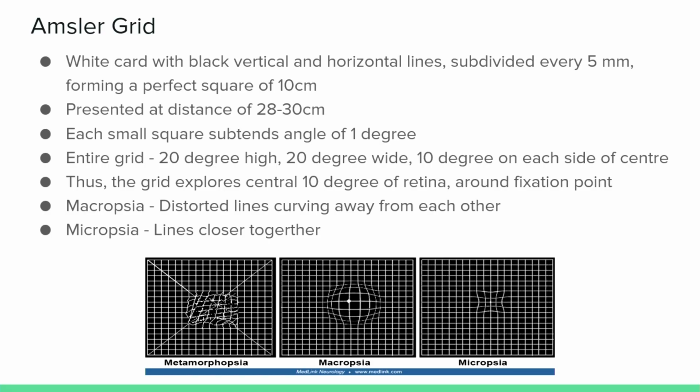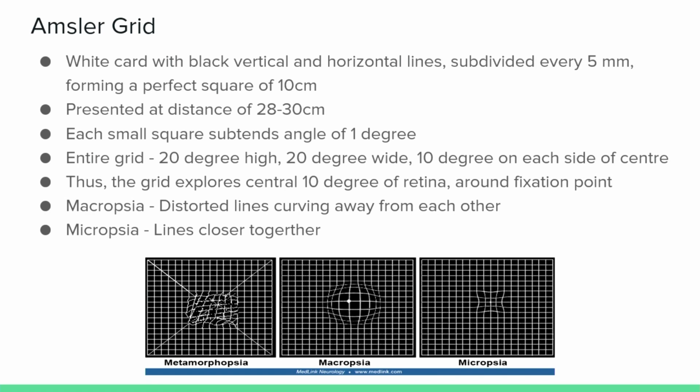It is presented to the patient at a distance of 28 to 30 centimeters. Each small square subtends an angle of 1 degree. So an entire grid subtends an angle of 20 degrees, superior and inferior, and 10 degrees on each side of the center. Thus the grid explores the central 10 degrees of retina around the fixation point.